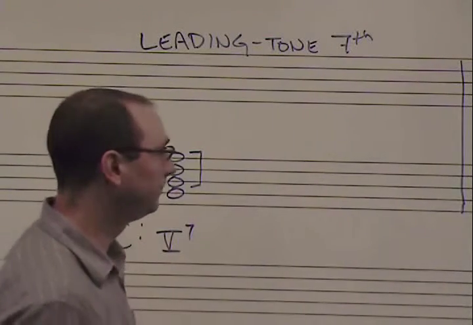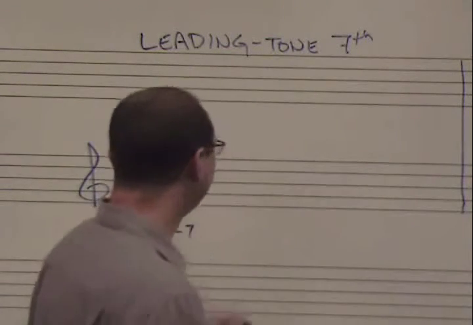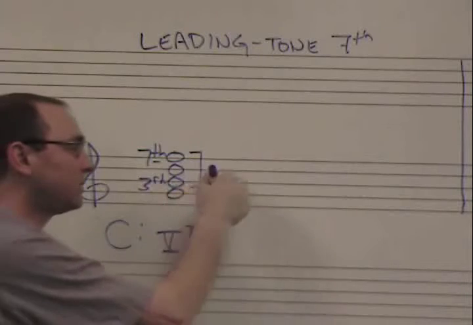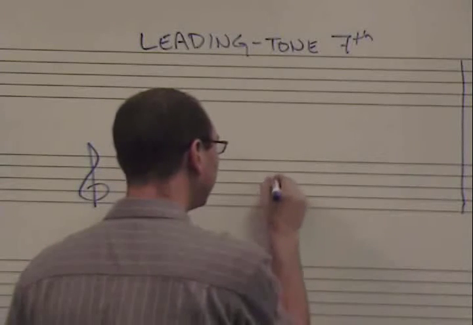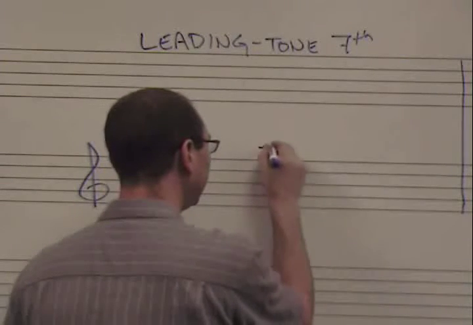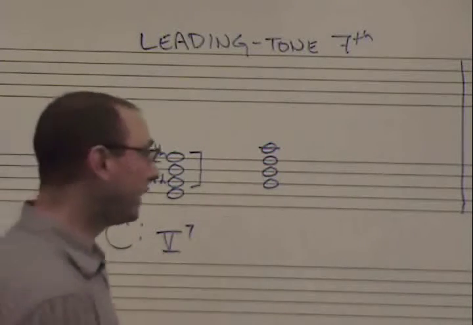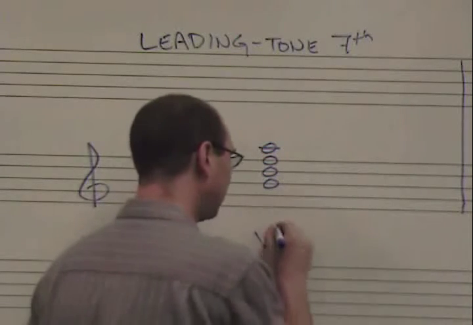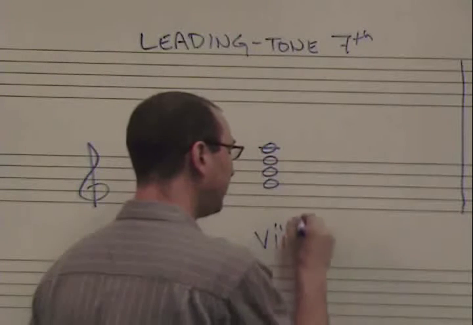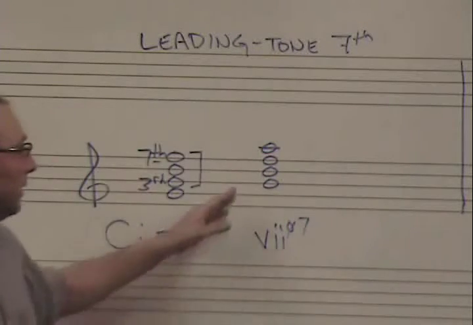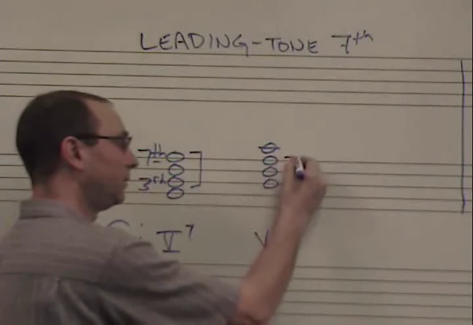That's a tritone. Okay, that same tritone is found in the leading tone half diminished 7th chord. And this is true of all major keys. Okay, there's a tritone here.